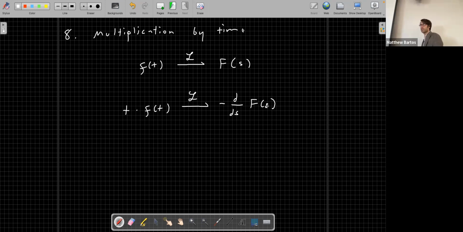So what rule is this kind of the opposite of? Differentiation, right? With most of these rules, you get kind of the opposite behavior going from one domain to the other. It's really a fascinating mathematical function, Laplace transforms.